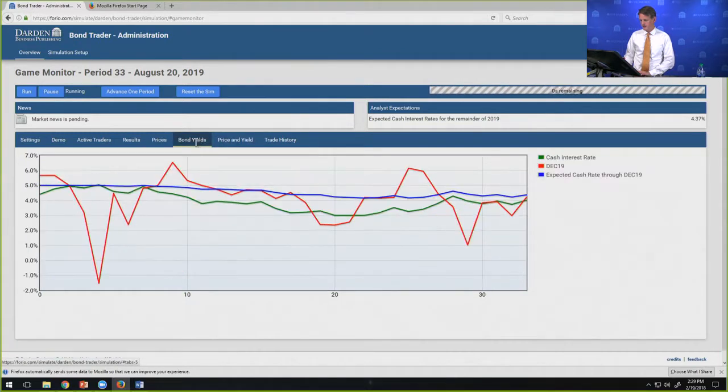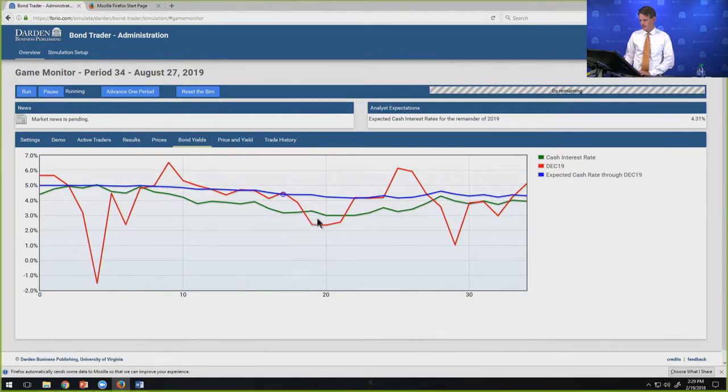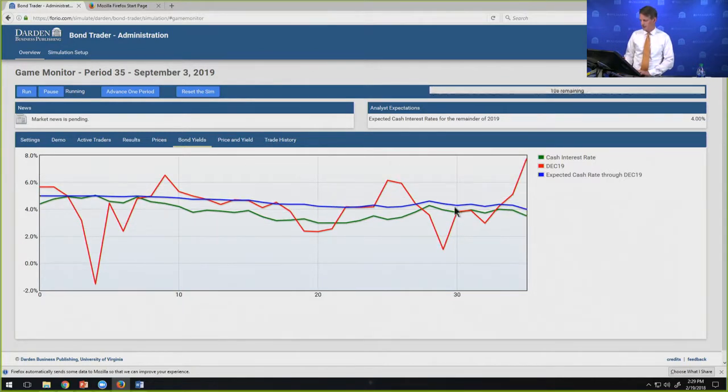You can look again at the yields. We notice that these will continue to be disciplined. Anytime there's a yield that's particularly high, there'll be tremendous buying pressure, or a yield that's particularly low, there'll be tremendous selling pressure. Again, that moves the price.